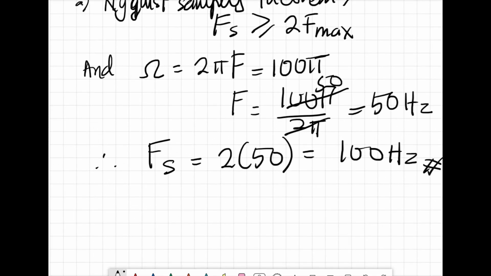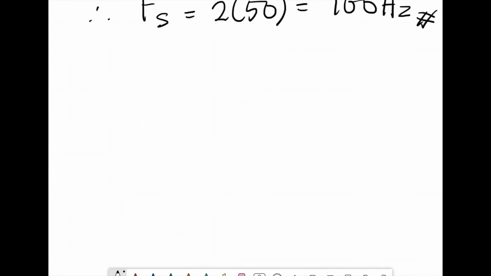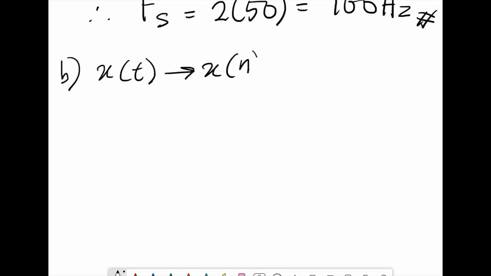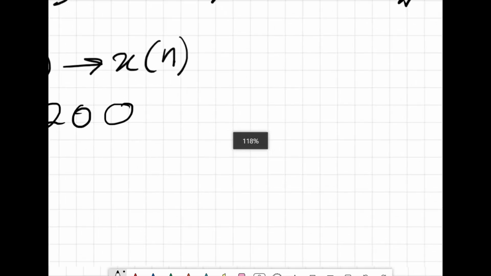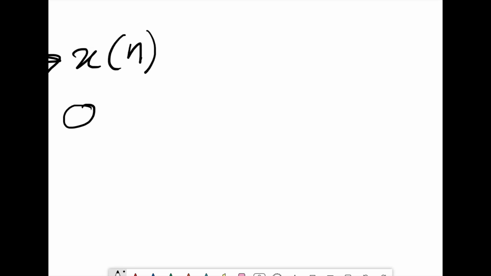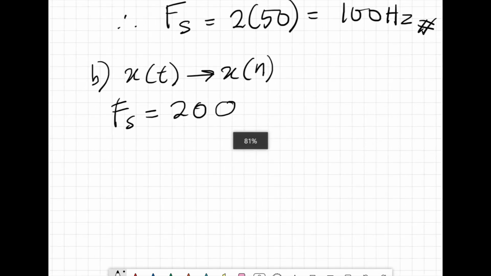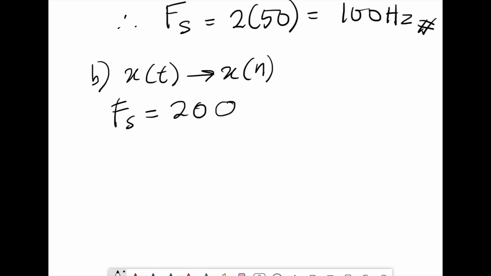Okay, so the question wants you to change from x(t) to x(n), right? So this Fs is given as 200 Hz, right?